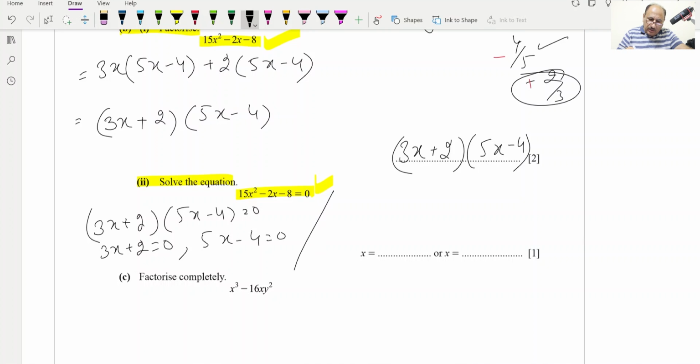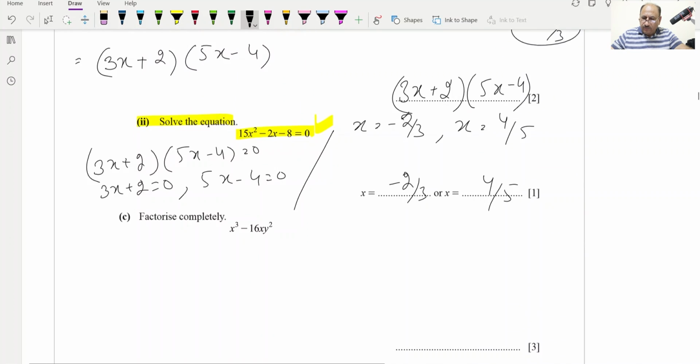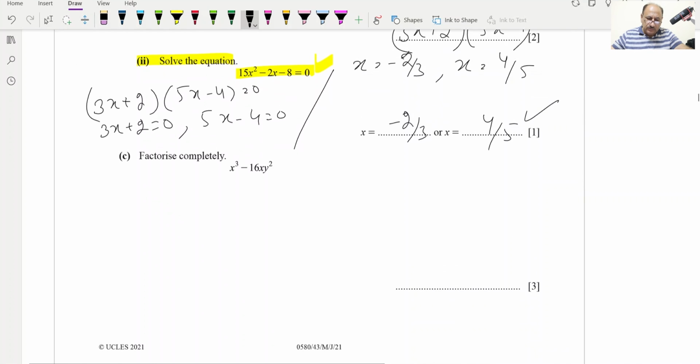And further we can write here x is equal to minus 2 over 3, and the second value will be x is equal to 4 over 5. So minus 2 by 3 and 4 over 5, these will be the two values which we have found. This is a 1-mark question. This is done.